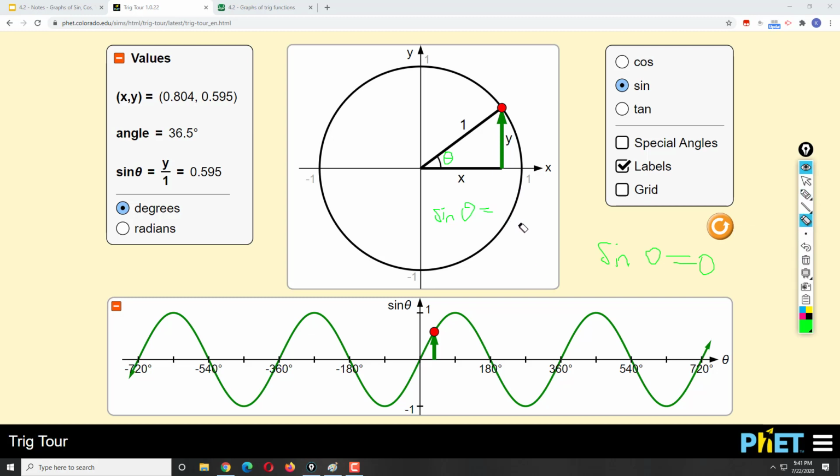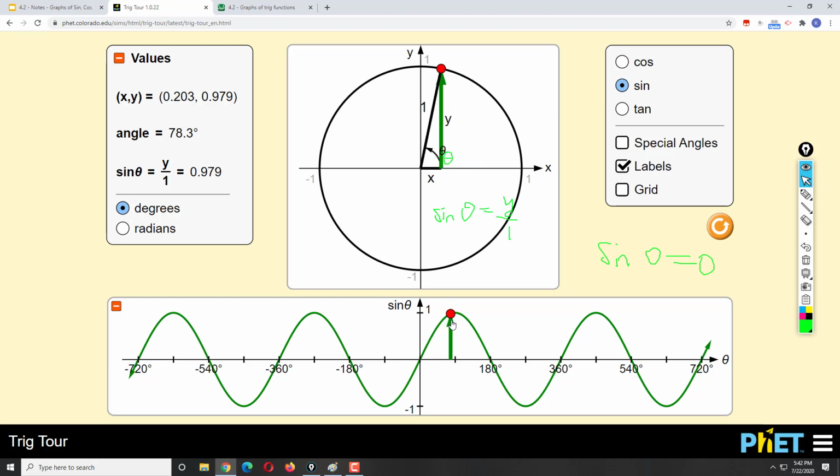Therefore, sine of theta in this example is y over 1, because this is called the unit circle. The hypotenuse is always 1. So as theta gets larger and larger, y gets larger and larger, and x gets smaller and smaller. So sine x must be going up right here.